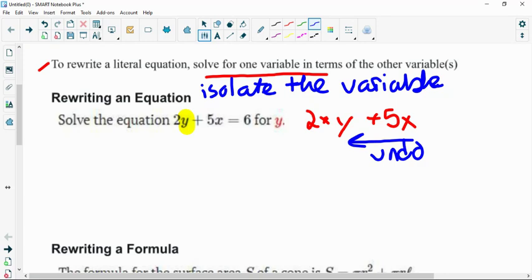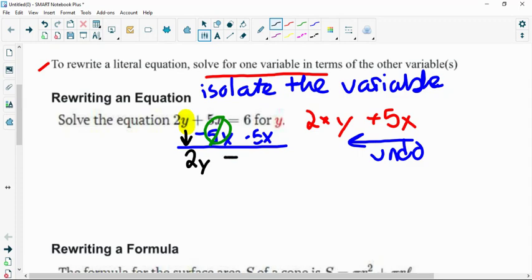The last thing that happened to y was the plus 5x. So we'll undo that by moving it to the opposite side. The opposite of a 5x would be a minus 5x. I still have my 2y that I haven't touched yet.